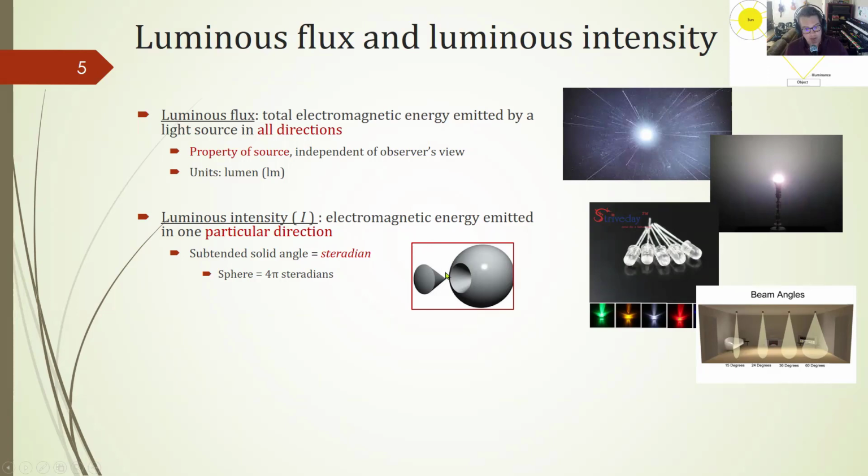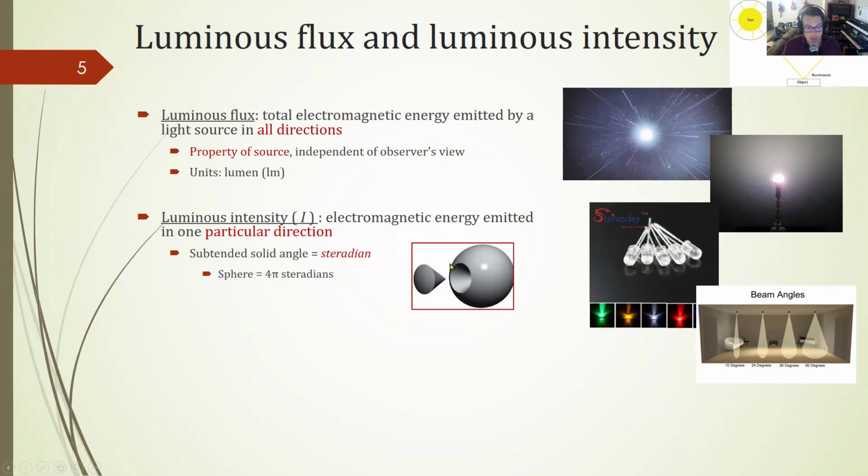If we're talking about light from a source, are we talking about all the energy being emitted in all directions? That's total luminous flux. Or are we talking about the energy emitted in this direction, like the fraction of the light from the sun that reaches the Earth? We specify that in a three-dimensional angle called a steradian, a subtended solid angle.